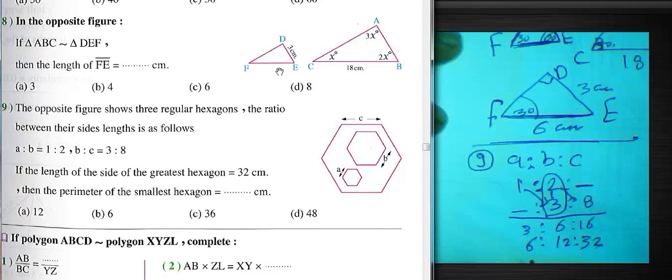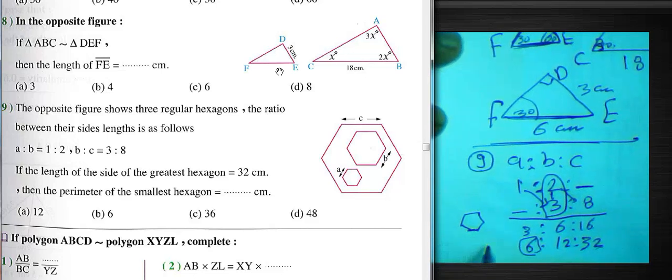So for the perimeter of the smallest hexagon, the length of its side equals 6 centimeters.